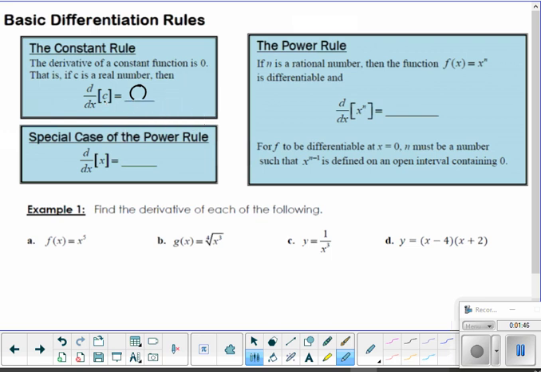Next, let's do special case one first. Special case of the power rule. No, let's do power rule first, now that I'm reading it out loud. The power rule. If n is a rational number, rational, remember, is a ratio, a fraction, then the function f of x equals x to the n power is differentiable.